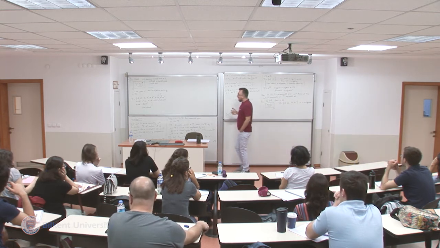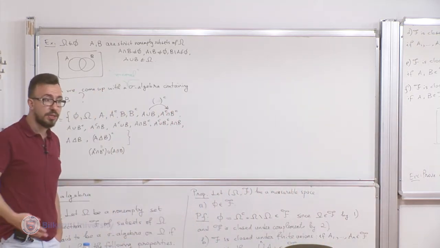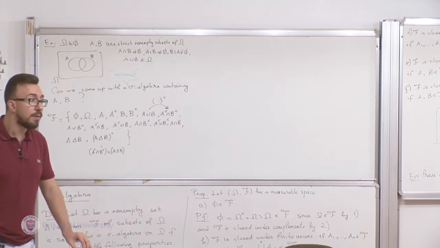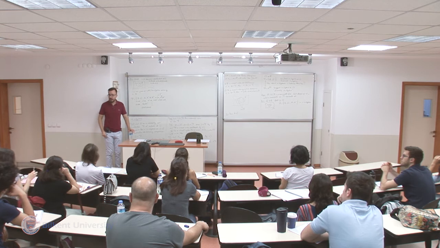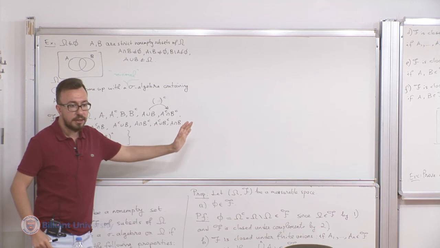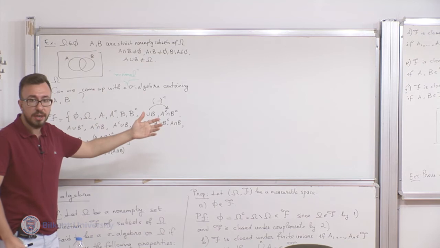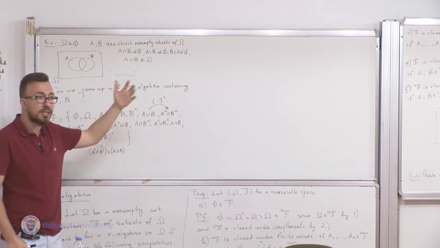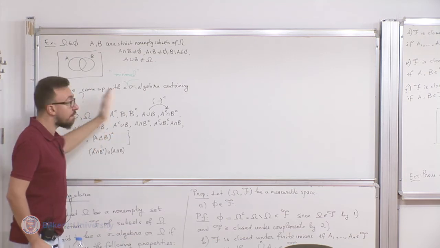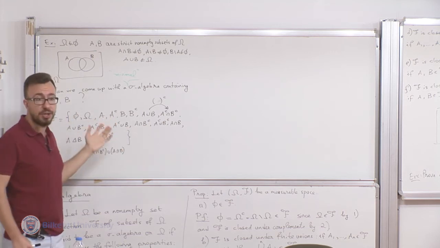So the thing is that if I'm interested in two yes-no type questions A and B, and once the experiment is performed, people tell me the answers of those questions, these are the other questions that I'm able to answer. So I have data and I have information. The answers to the questions A and B form my data, and this is the information generated by that data. It's a huge amount of information.